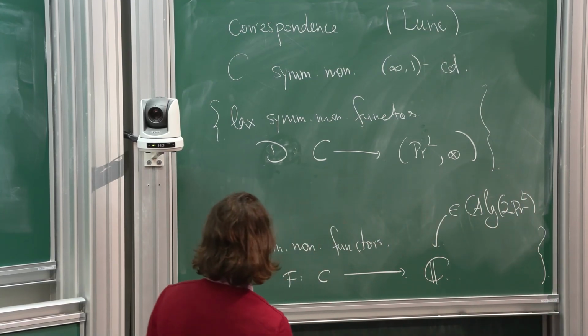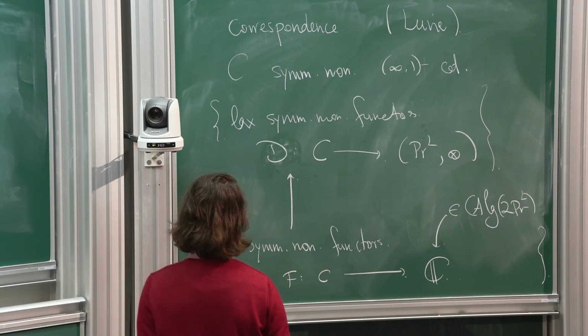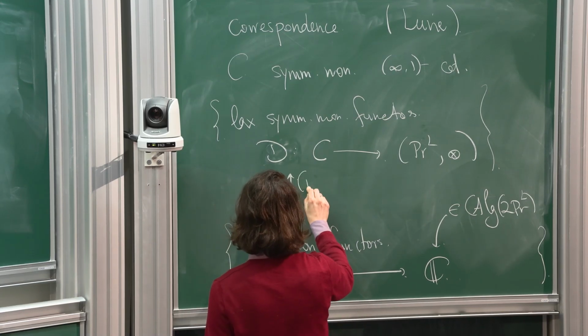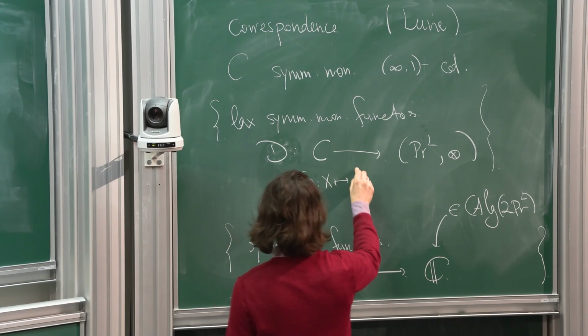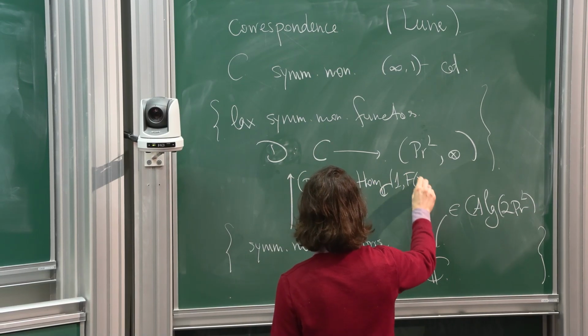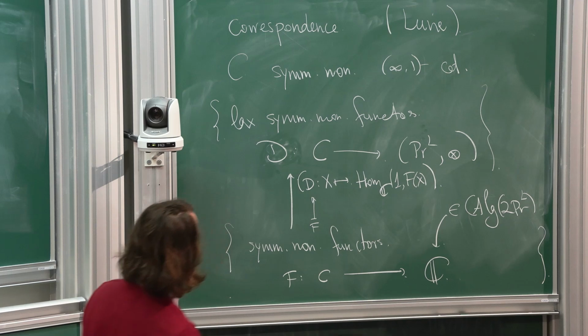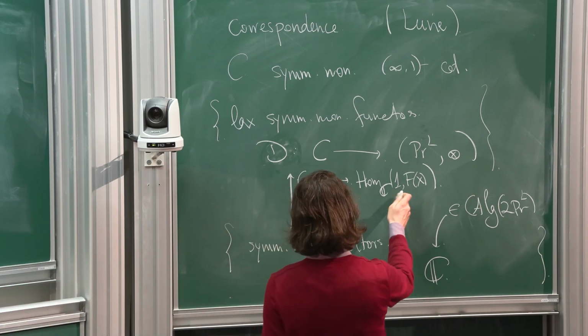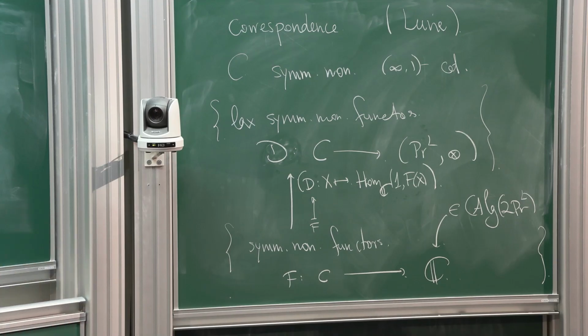And then there's some kind of forgetful functor here, which takes any F to the functor D, which takes any x to the homomorphisms from the unit into F of x. So basically, the only thing you're remembering out of your infinity 2 category are the morphisms from the unit, which are infinity 1 categories.